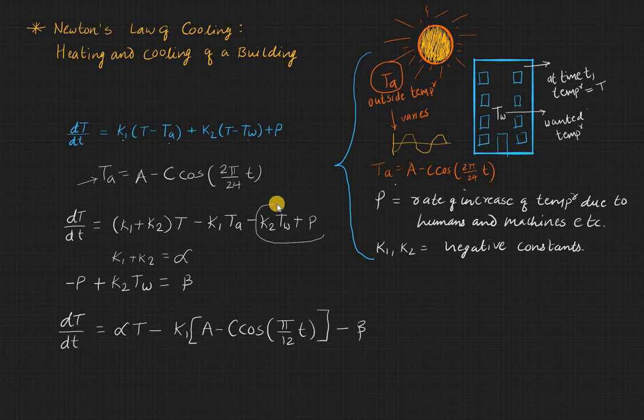I just took the minus sign outside the bracket, so P will have a negative multiplication. So this is minus P plus K2 into TW is equal to beta. So I am considering beta as a single coefficient for this complete term.